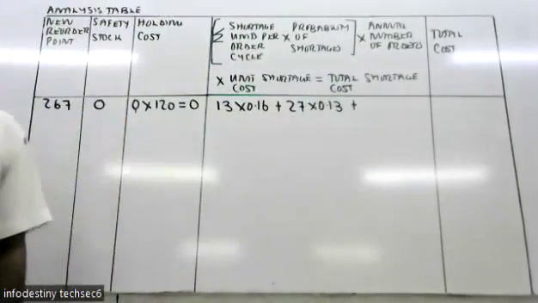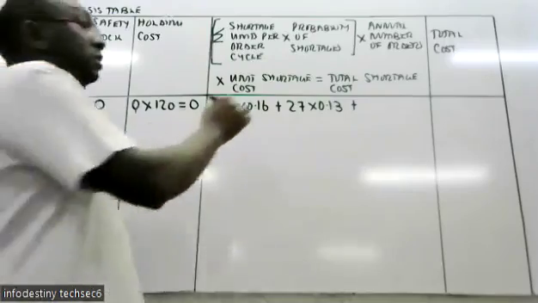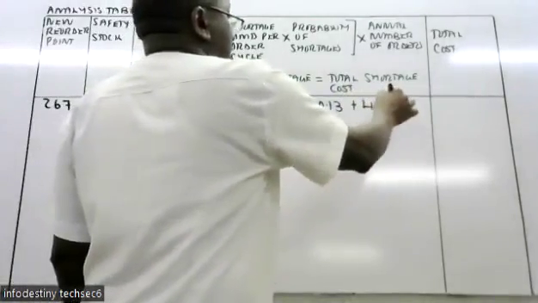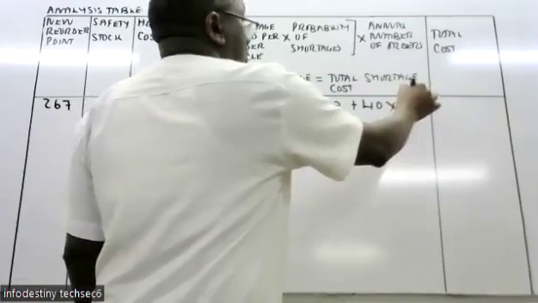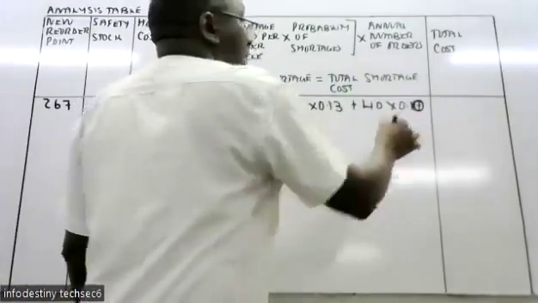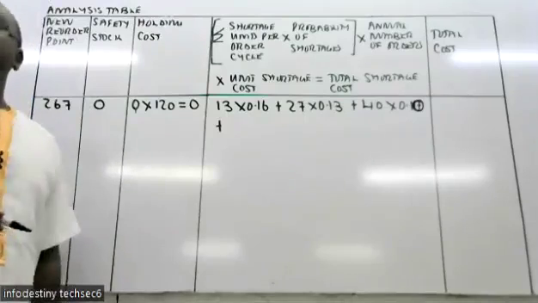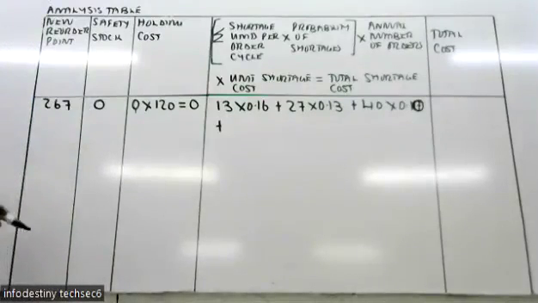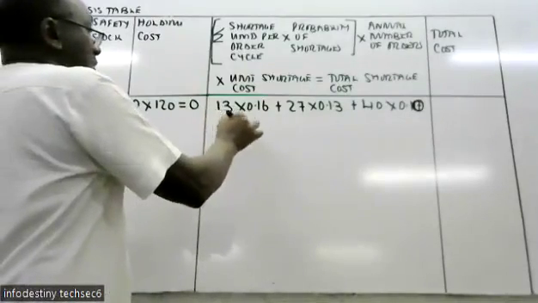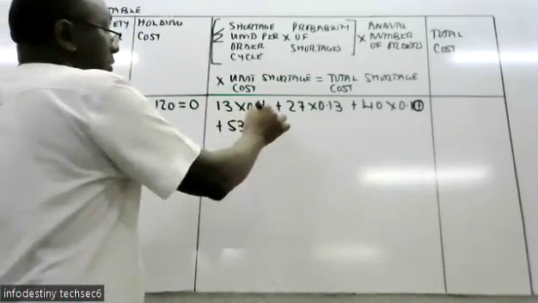Plus the next one, 307. Subtract 267: 40. And the probability of that is 0.17. There's another one, that is 320. That gives us a shortage of 53 with a probability of 0.07.